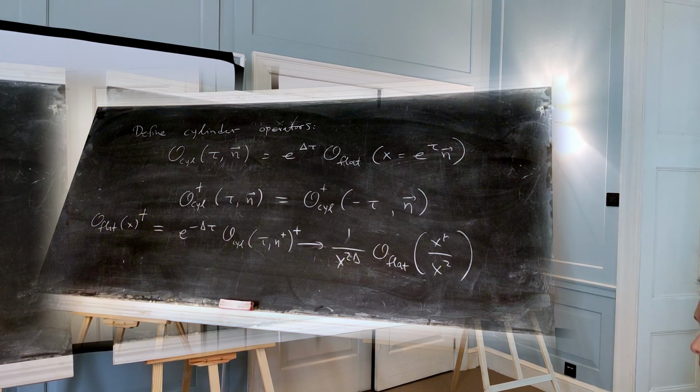They're related by a conformal transformation to the operators we had in flat space, right? With e^(Δτ), where this τ is the same parameter, and those are at the point e^τ times the normal vector. Okay, so these are the operators, and we know what conjugation on the cylinder means, because the cylinder uses this time foliation. So conjugation on the cylinder, and we are in Euclidean, will just change the sign of time.